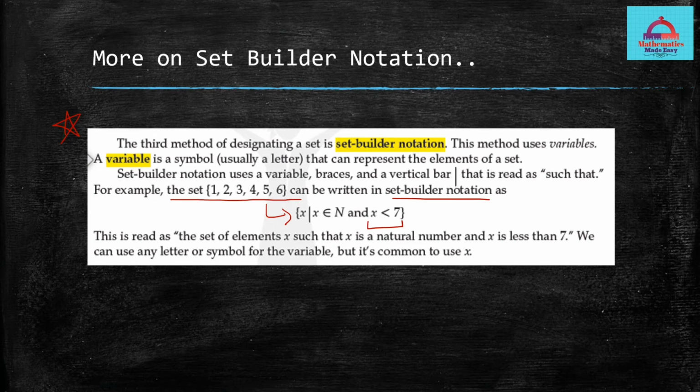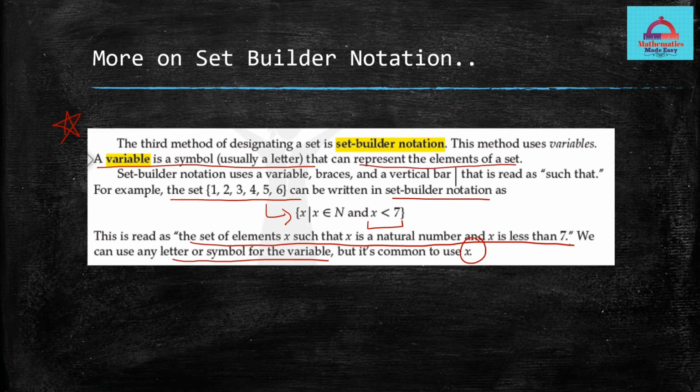So how do you read this set builder notation? It is a set of all elements x such that x is a natural number and it is less than 7, and we can use any symbol or any letter to denote the variable, but generally the notation that we use for the variable is x. So you can recall from your algebra that a variable is a symbol. Usually we denote it with x or any other letter that can represent the elements of the set.